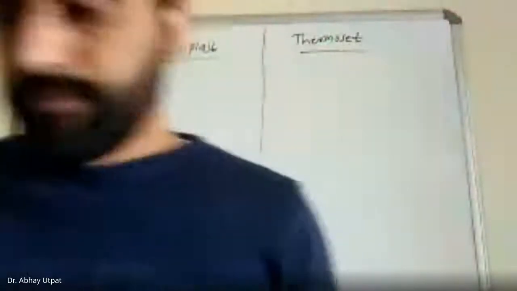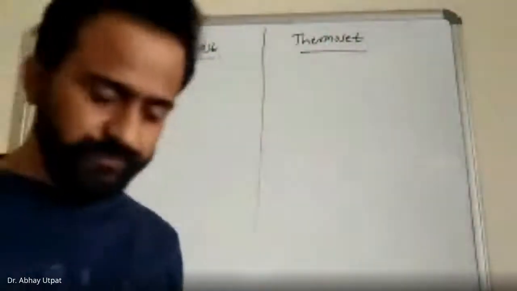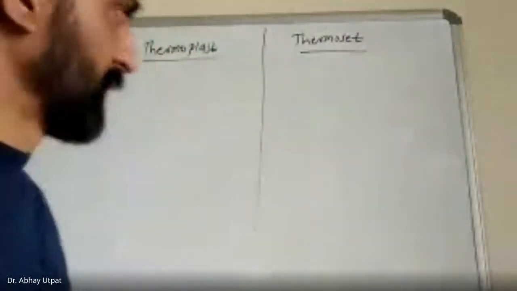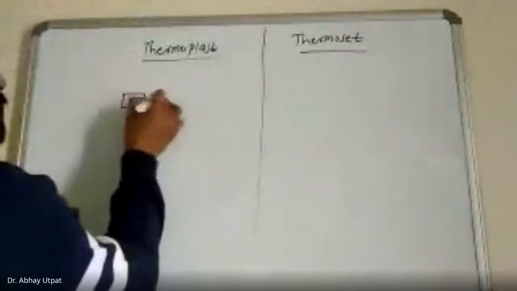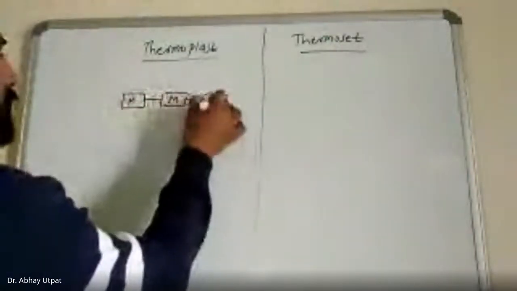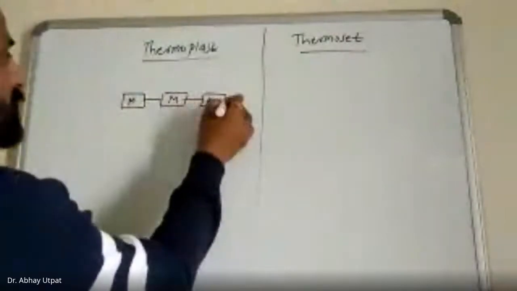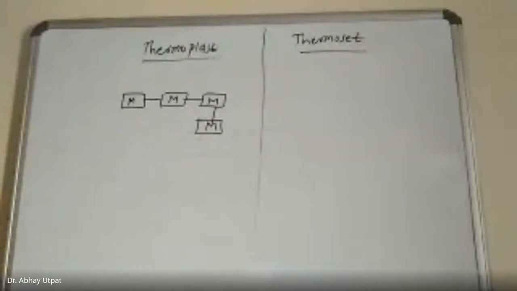Next, thermoplasts are having linear polymers, and on the right hand side, thermosets are having cross-linked polymers.